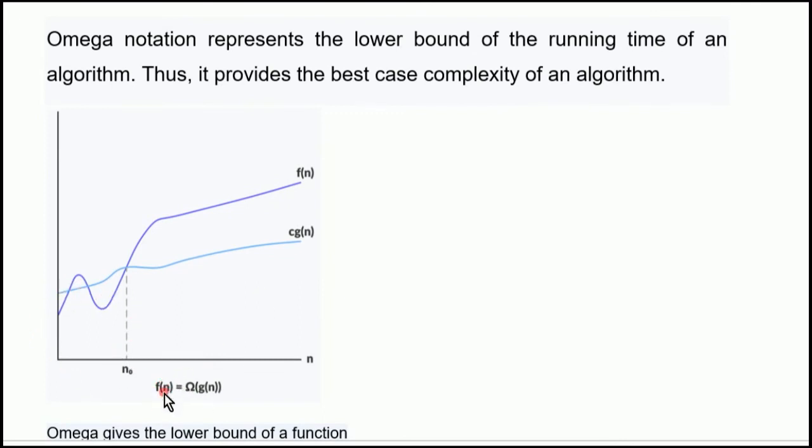Here you can see, for the n value, f(n) is equal to omega g(n). This is the f(n) function, and this may be the input, omega c into g(n), that is a constant into g(n).